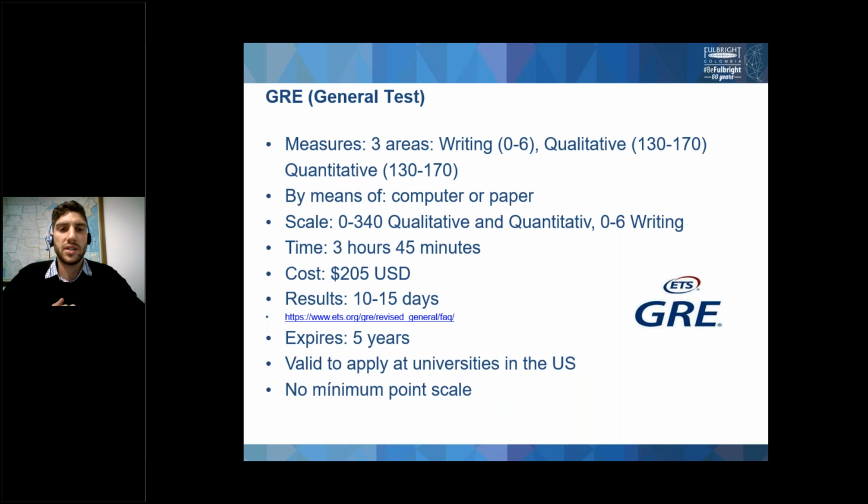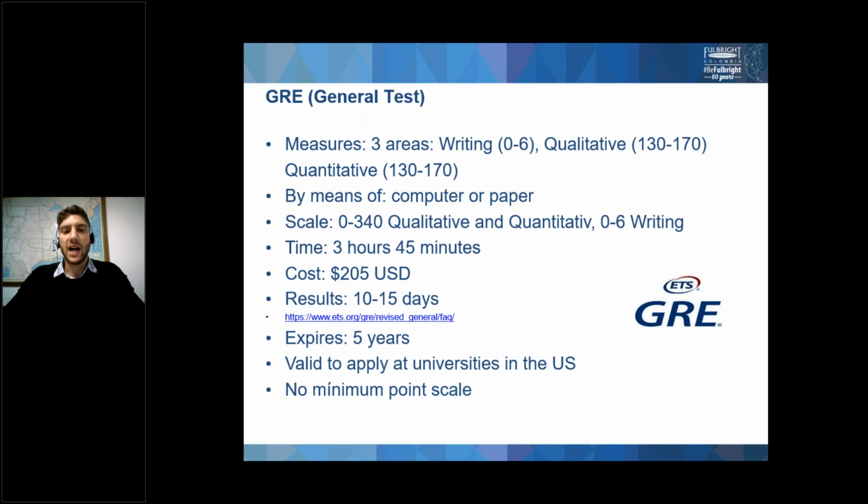The scale is 0 to 340 for the qualitative and quantitative sections, 0 to 6 for the writing. The time is 3 hours, 45 minutes, the cost is $205, and you'll receive those results in 10 to 15 days. And unlike the English exam, the GRE will expire in 5 years instead of 2 years.